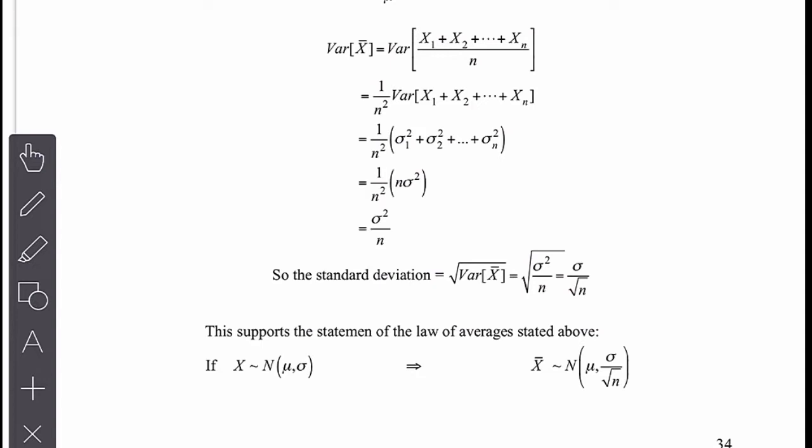So again, I'm not going to expect you to prove this, but this is a really neat result, and you should be able to read through that and only have a few questions. And if you do have questions, you should just ask me, and I'll do my best to explain them. So this is the result. It supports the statement of the law of averages. That was this one here.